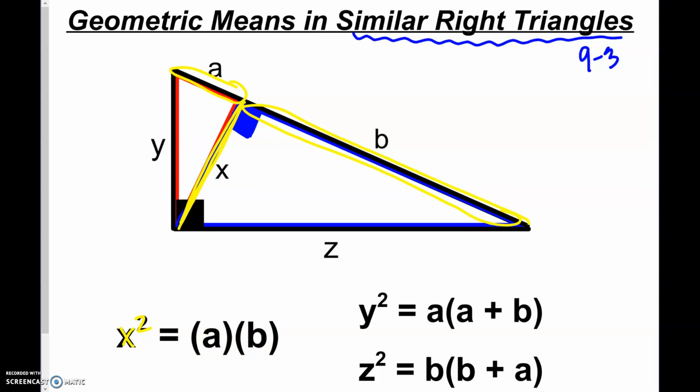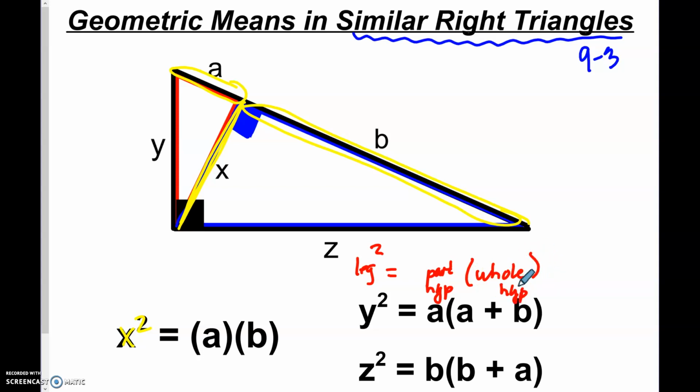Now, the other two are kind of lumped together because they're doing the same thing. So whether you're looking at the red triangle and the big black one, or the blue triangle and the big black one, both of them are taking y squared, which is the leg squared, equals, now, it's dividing the hypotenuse into part of the hypotenuse and the whole hypotenuse.